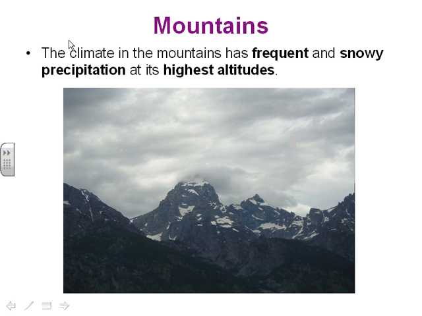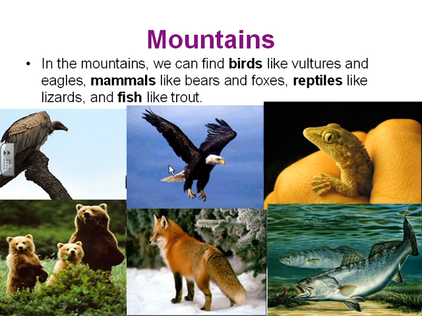In the mountains, the climate has frequent and snowy precipitation at its highest altitudes. In the mountains, we can find birds like vultures and eagles, mammals like bears and foxes, reptiles like lizards, and fish like trout.